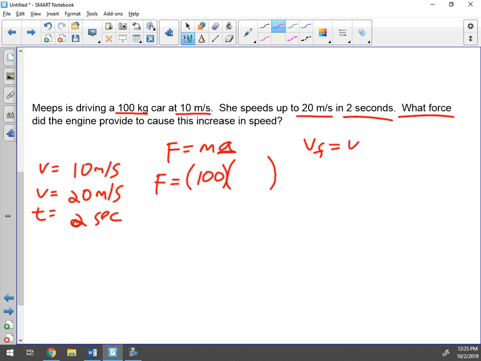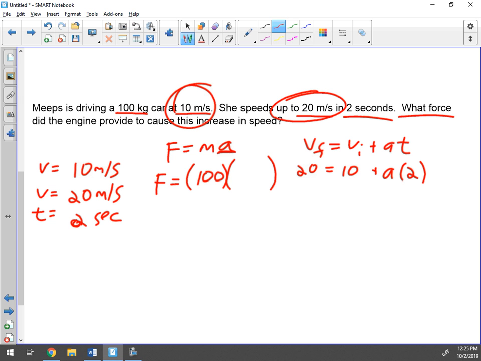I'm going to use vf equals vi plus at. I'm trying to find my a. I know it's 2 seconds. I need to identify which one is my final and which one's my initial. The car starts at 10, so that's my initial. It speeds up to 20, so that is my final. And now I can solve this.